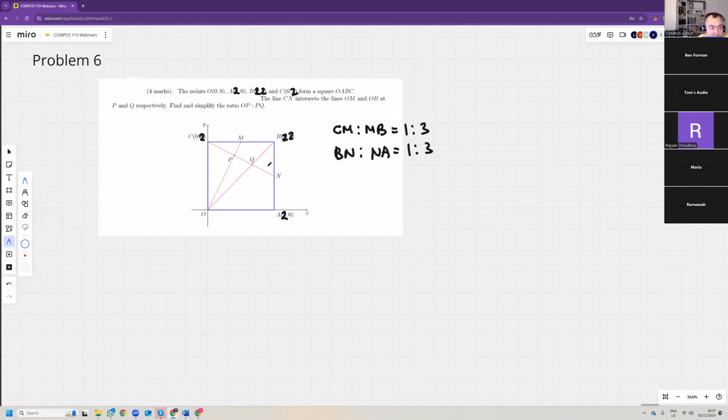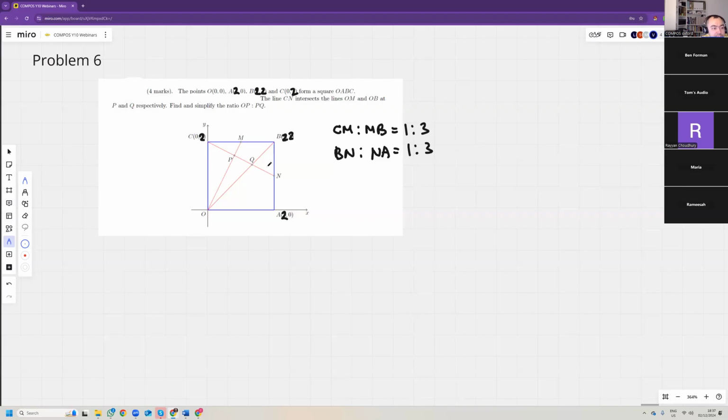We have 4 points. It's a square. The line CN intersects the lines OM and OB at points P and Q. Find the ratio of OP to PQ. Well, just a second.